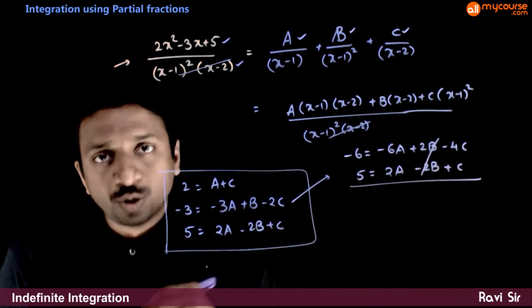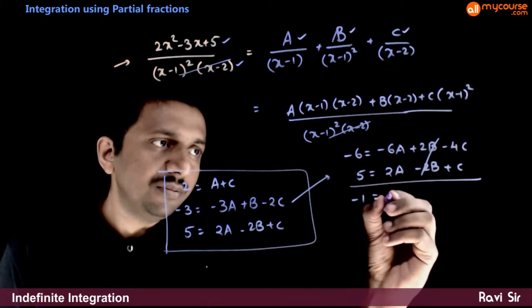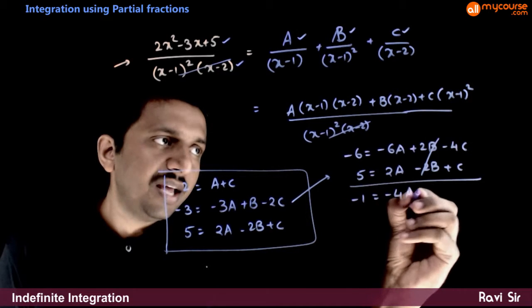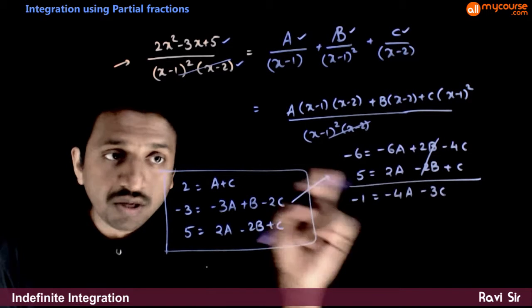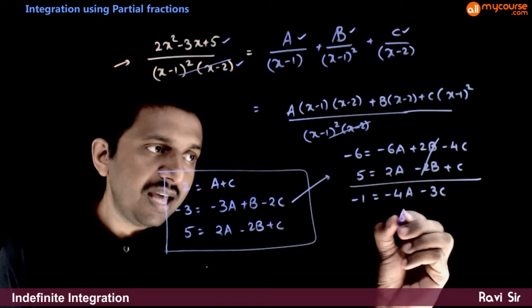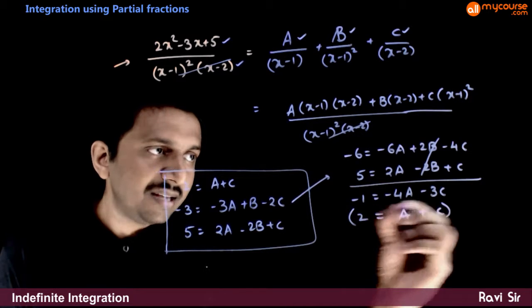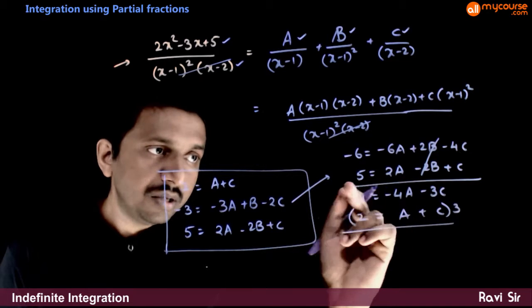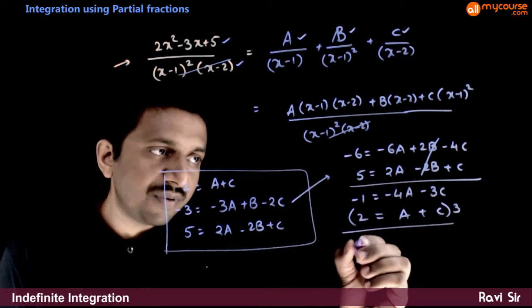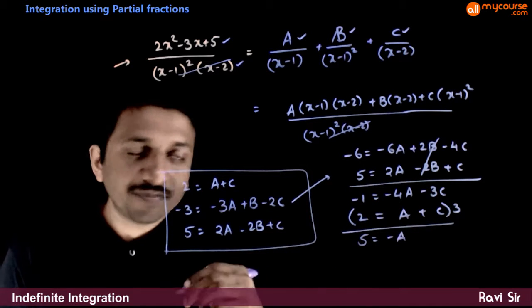So plus 2b minus 2b gets cancelled. So minus 1 is equal to minus 4a minus 3c. So this is one equation, and a plus c is equal to 2. If you multiply the equation with 3 and add these two, you get minus 1 plus 6 is 5 is equal to minus 4a plus 3a is minus a.